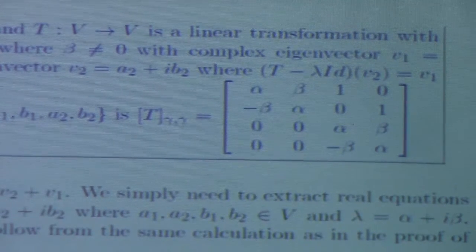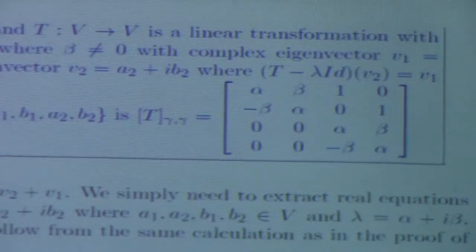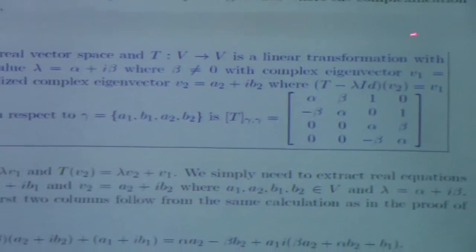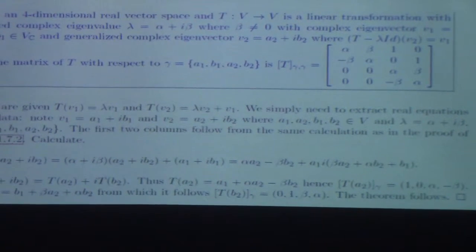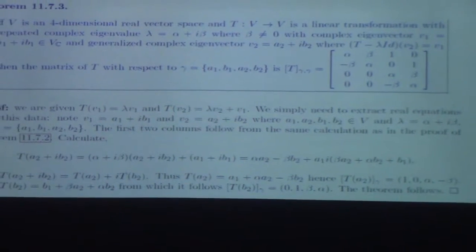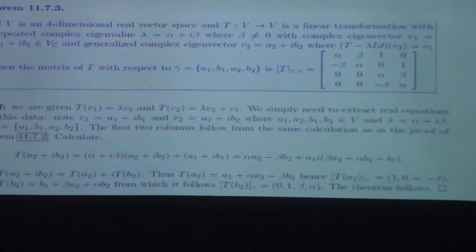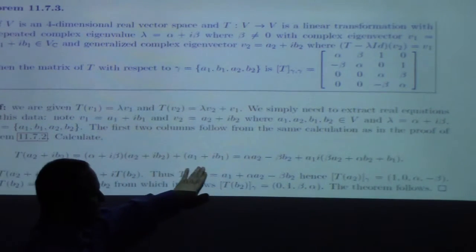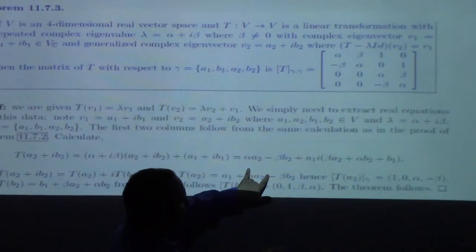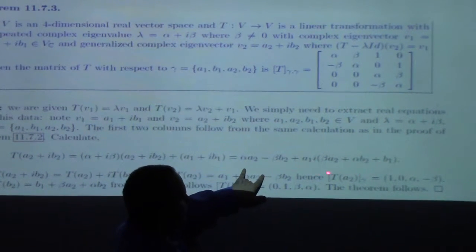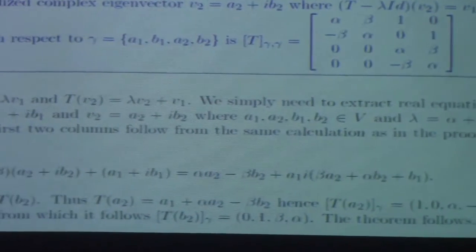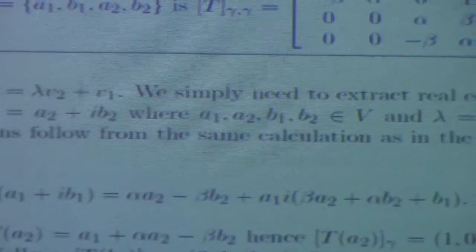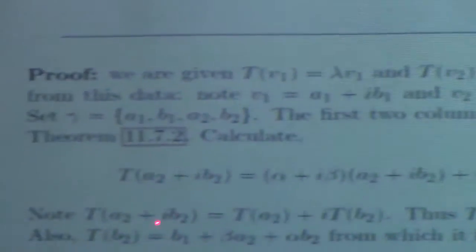The proof is really, I'll let you read it, but it's nothing more than what we did over here: expanding this out into a's and b's, equating the real and the imaginary coefficients, and using the definition of a basis for a matrix of a linear transformation. I multiply this out, and this is the real part, that's the imaginary part. That's a typo, there's a plus right here, guys, obviously.